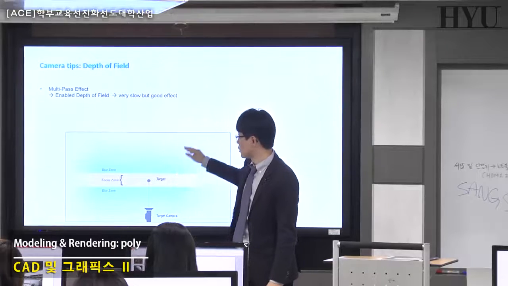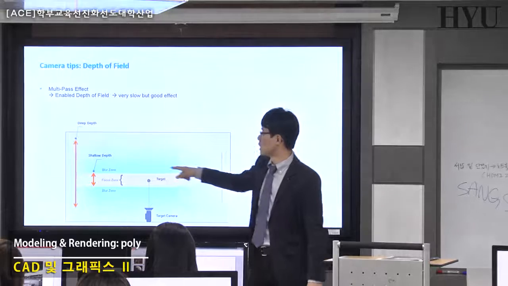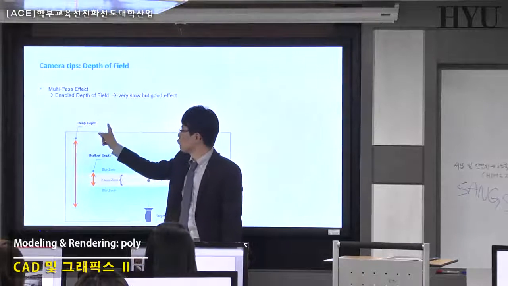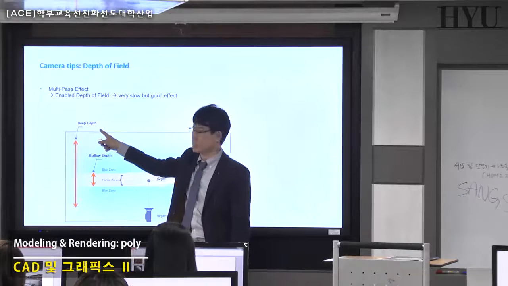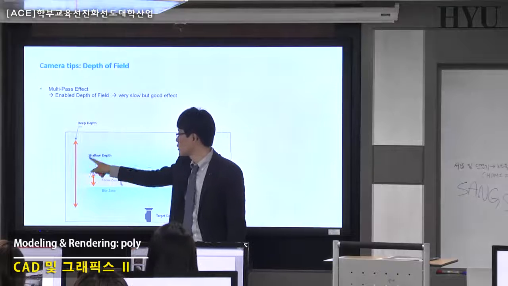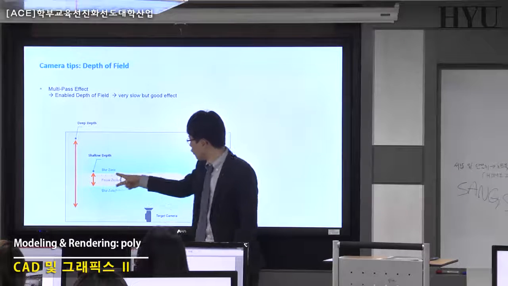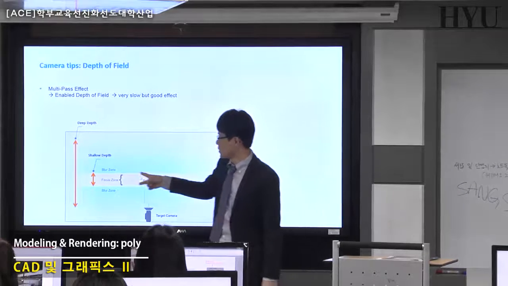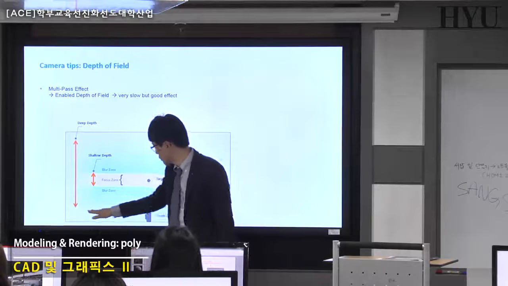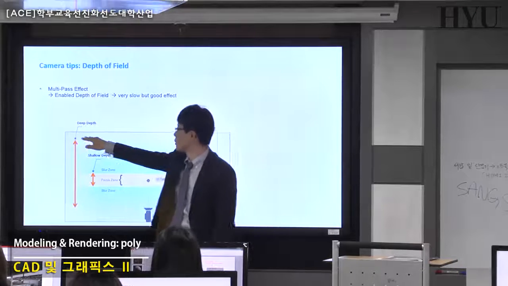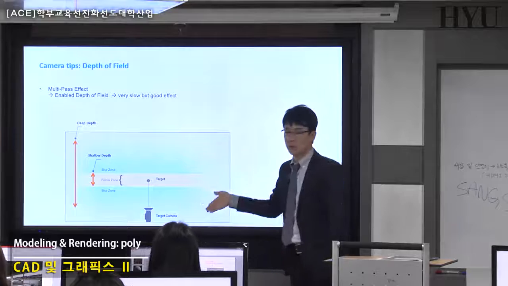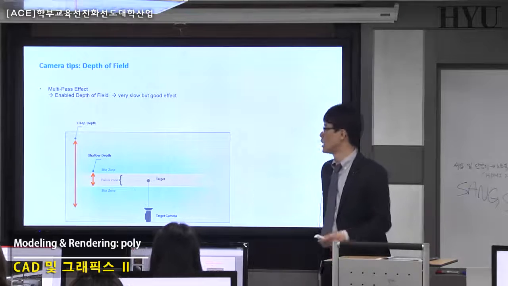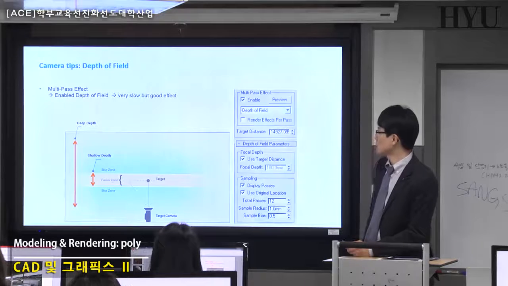If the focus zone is very large, we say it's very deep depth. But this one, very shallow depth. Only the focus area is here, but most of you are going to be within focus. That's two different types of depth.